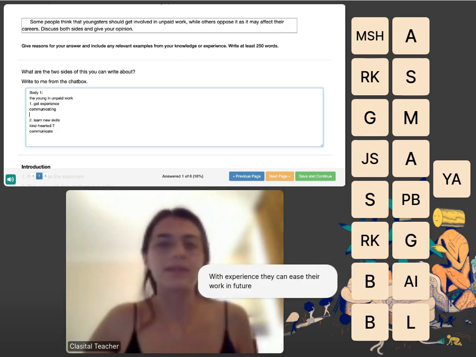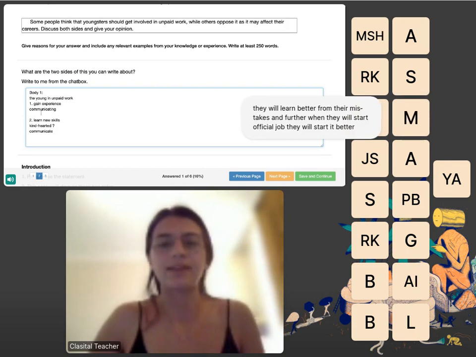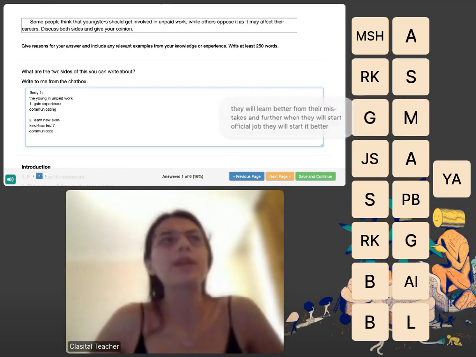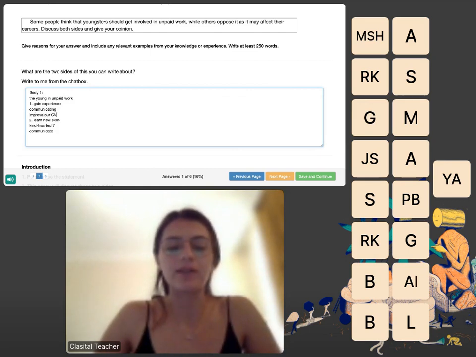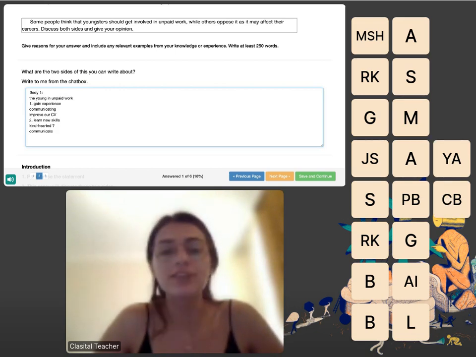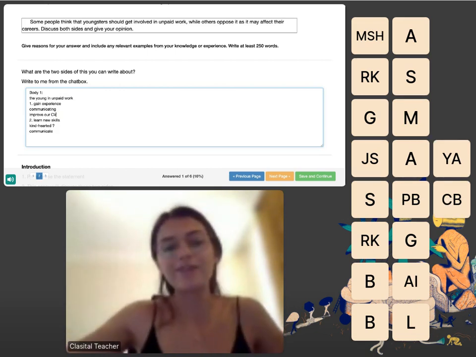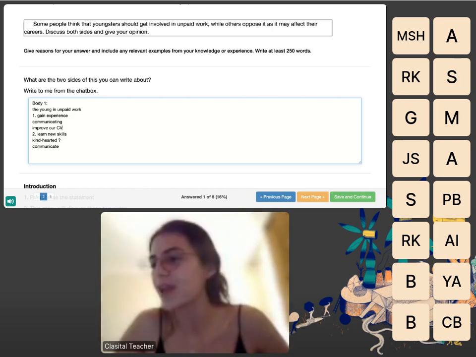I think communicating is also a supporting idea for getting experience. And let's change this to gaining experience. When we gain new experiences, we can put them on our CVs, right? So we can improve our CV, which can help us with job applications later in life. That could be a good way of supporting that idea.